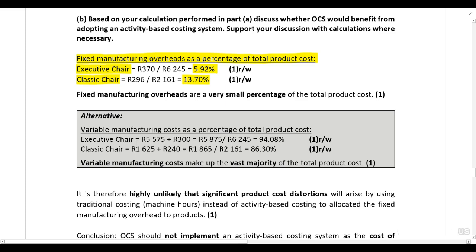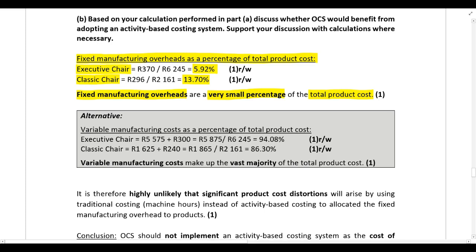Now remember, you can't just perform calculations. This is a discussion question, and you are just supporting your discussion with calculations. So what is the discussion that we are looking for over here? The fixed manufacturing overheads are a very small percentage of the total product cost. All right, that's the whole reason why we performed the calculation, to prove that they are insignificant. They are a very small percentage of the total product cost.